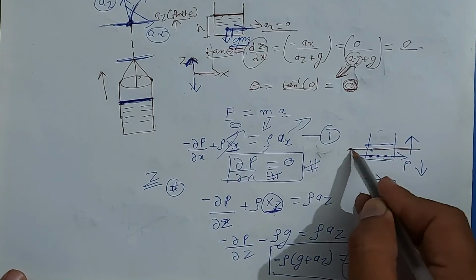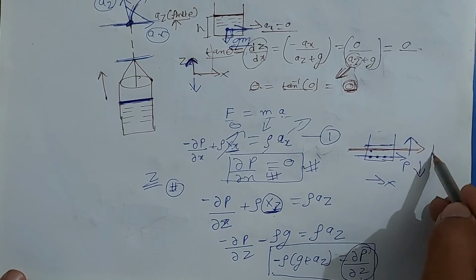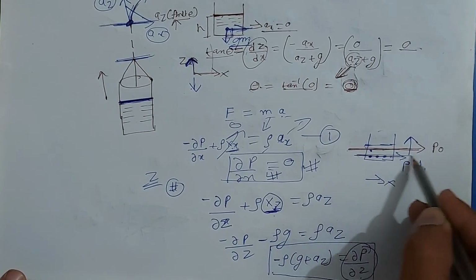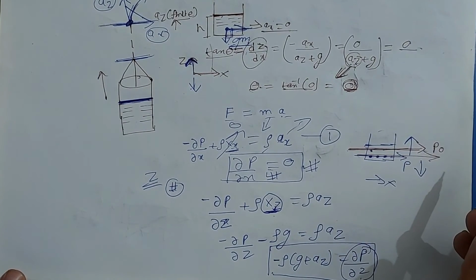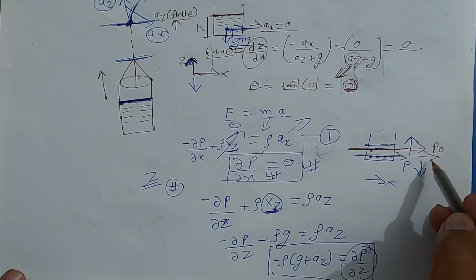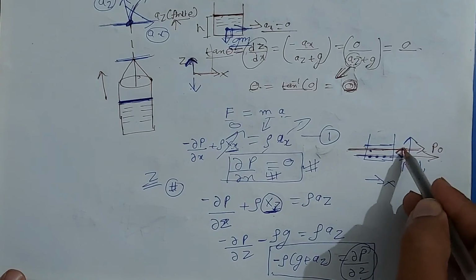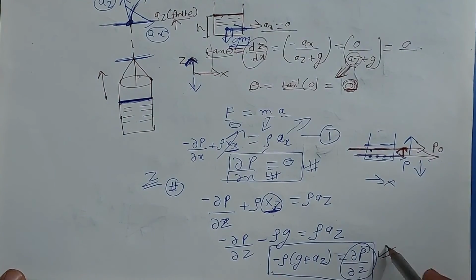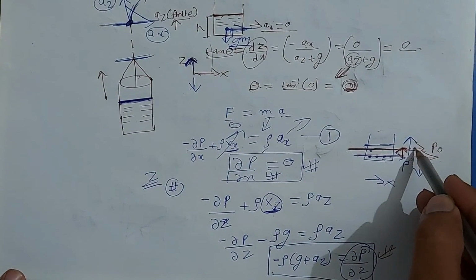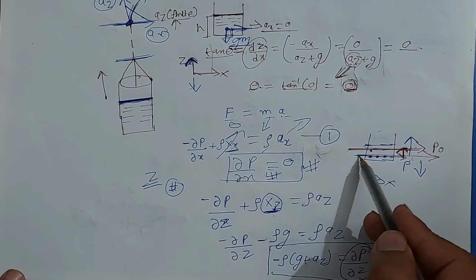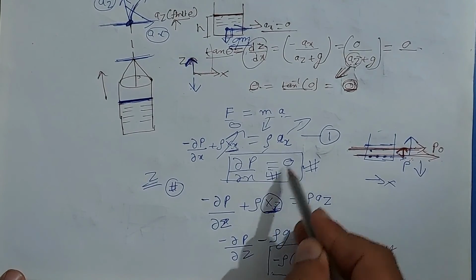So if at this horizontal the pressure is P naught, suppose, then at this one the pressure would not be P naught. It would be something different, because they are separated by some height, and there is a pressure variation with respect to height, so their pressure will be different. But the pressure along this line and the pressure along this line would be the same because of this.